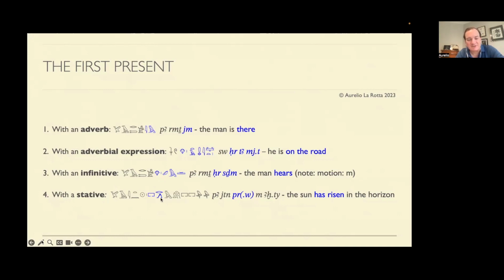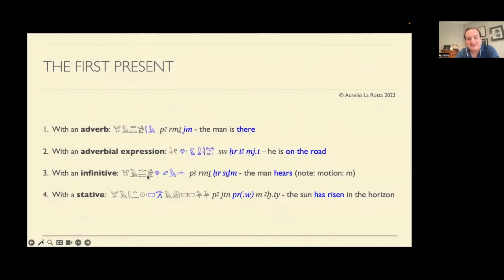So that's how we can be pretty certain that this is a stative in this case. And the meaning then is has risen. So something that has already happened, as opposed to the infinitive, which is indicating something that's currently ongoing or that normally happens. I'll talk about that more in a moment because there's some nuance to the stative.